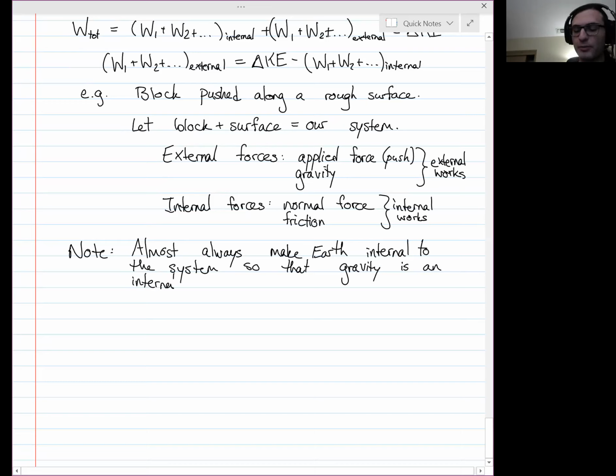It just makes it conceptually a little bit simpler. Because if the Earth was external to our system, then we would have to worry about the force of gravity on our system being an external work, and it's relatively straightforward to understand it as an internal work, so that's what we're going to do. And so gravitational work will show up on the right-hand side.